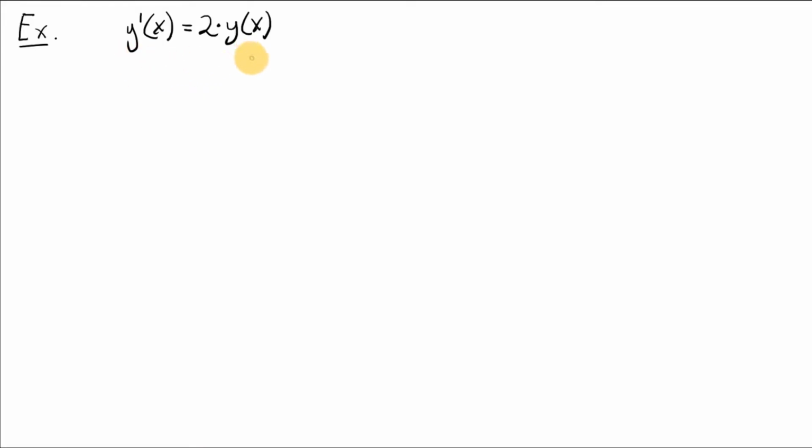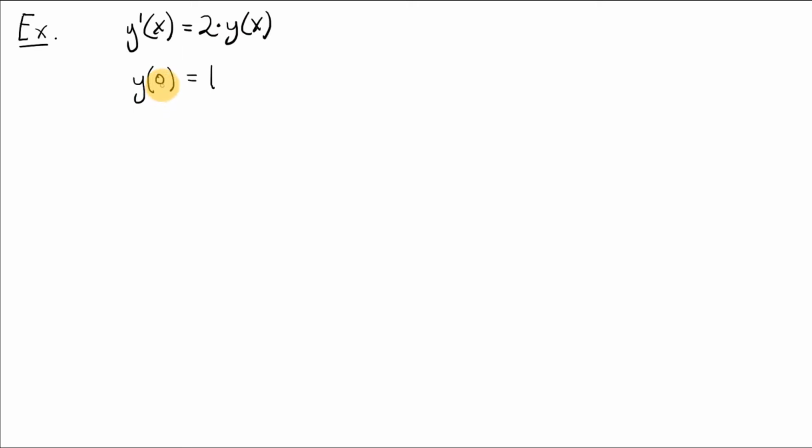Let's consider the same equation as we just solved algebraically, but let us now instead solve it graphically. Assume that an initial condition for this one is y(0) should be equal to 1. This equation tells us that if we have found a solution, then the derivative should be twice as large as the function itself at every point x.